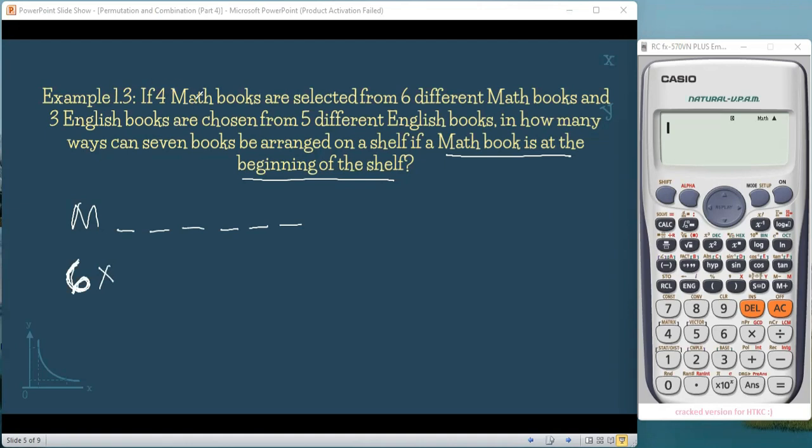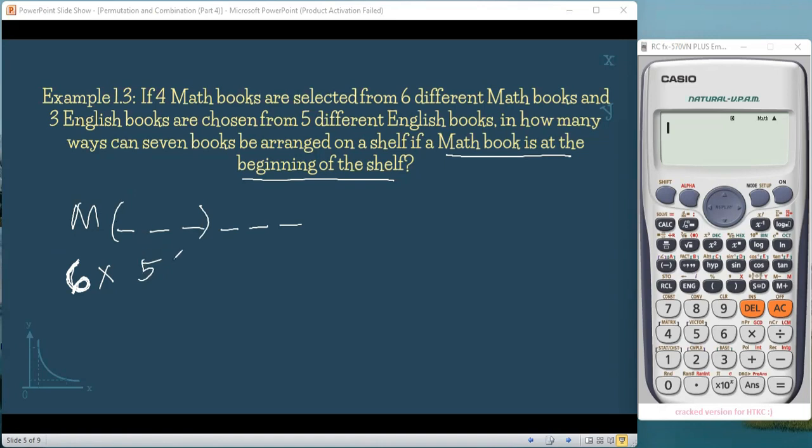Pero sabi po dito, di ba, 4 math books daw po doon sa isang shelf yung kailangan. So since meron na tayo dito isang math book, so ilan na lang pong math books yung meron tayo doon sa 6 na pwedeng pagpilian dito po sa tatlong to. So di ba po, we only have 5 na lang. Kasi kung ito math na, ito meron na lang tayong pagpipilian na 5 math books.